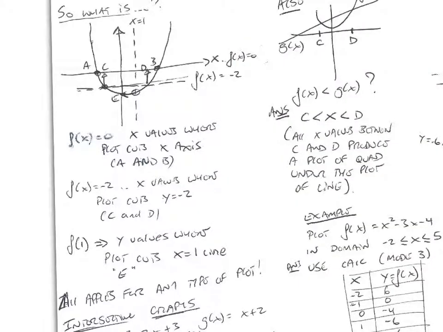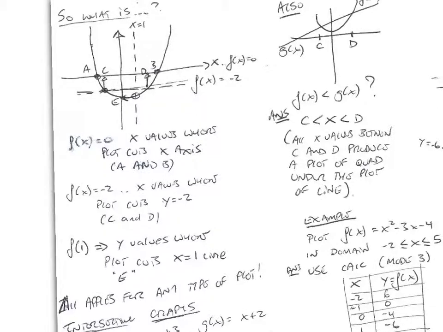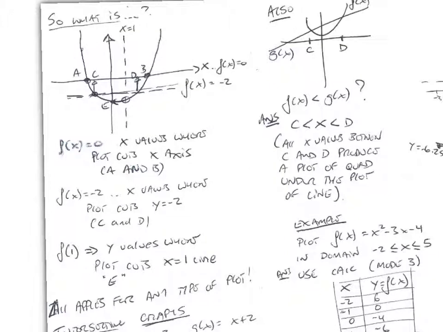And in this chapter, really, you're given a function, you plot it, and then you're asked to find f of x equals 0 or f of 1 and so on. And basically, you're plotting a graph, and you're then plotting lines through the graph like f of x equals minus 2, and you're finding what those values are, where the line you've drawn and the graph you've plotted intersect.